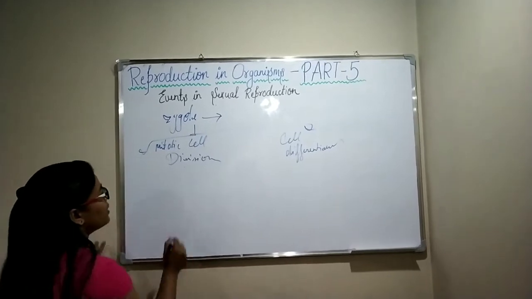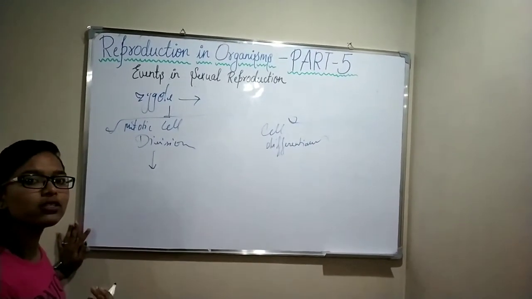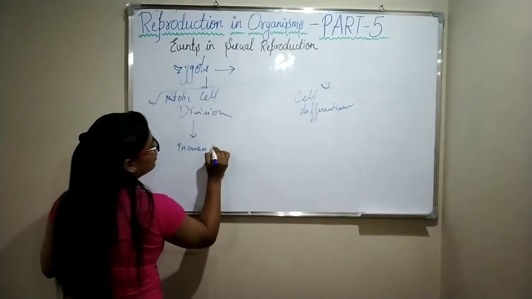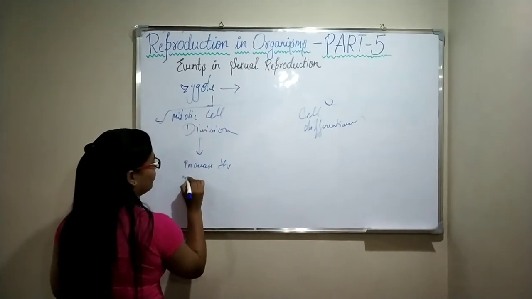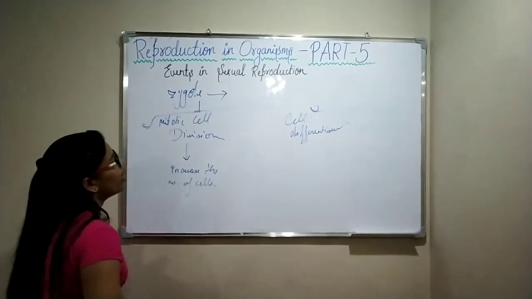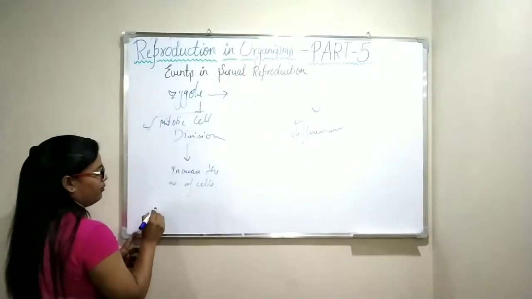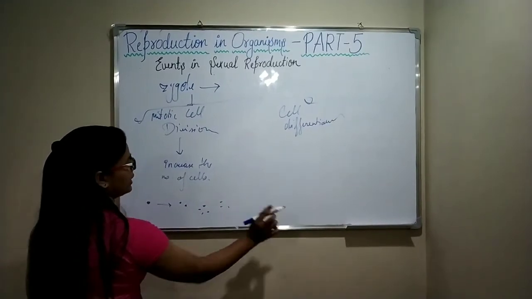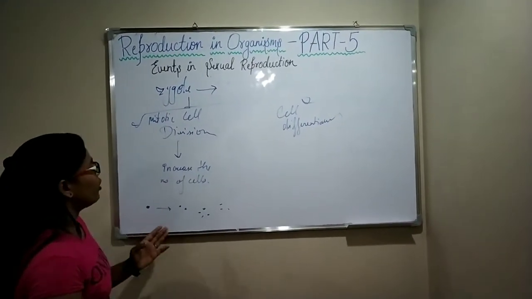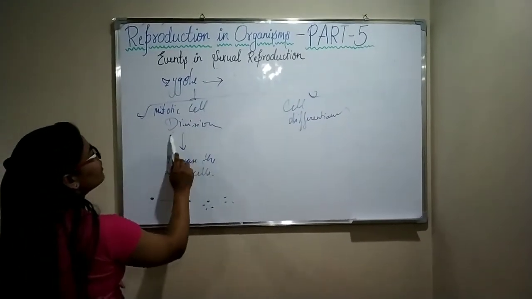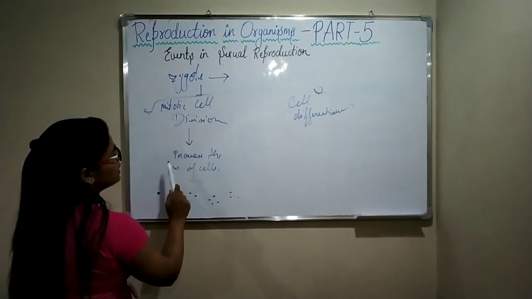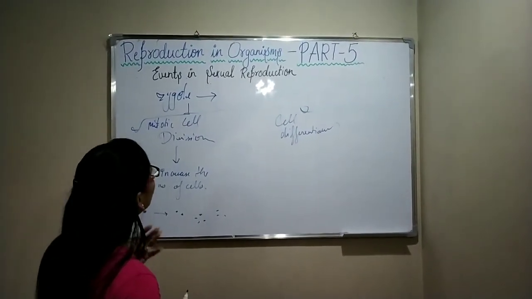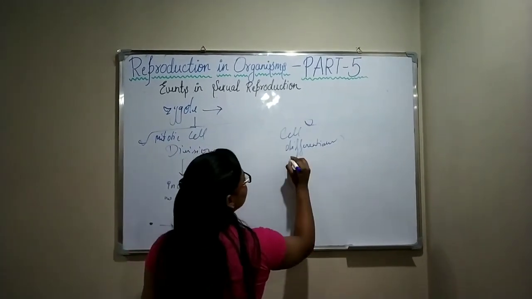In this, what happens is mitosis. Mitosis increases the number of cells. The zygote is single celled, then it increases to 4, 6, 8, 16 and further. So mitotic cell division is the increase in the number of cells, and the zygote will develop. After that, what happens is cell differentiation.